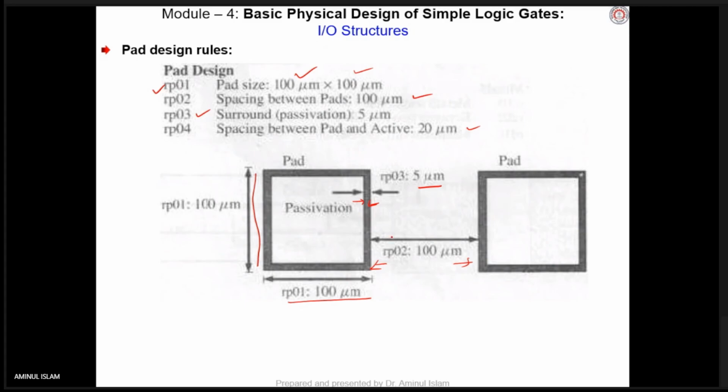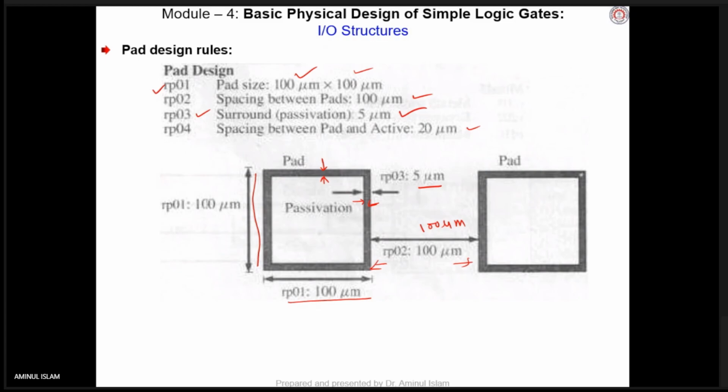RP02 is the spacing between these two, which is 100 micrometer, and RP03 is surround passivation. Passivation is an insulating material. Silicon nitride may be the passivation layer to protect it. So that is about 5 micrometer.